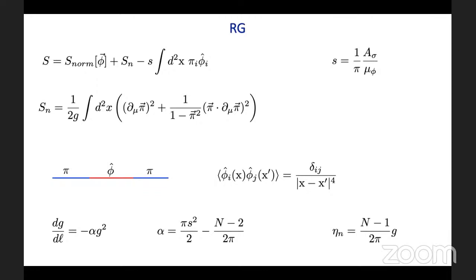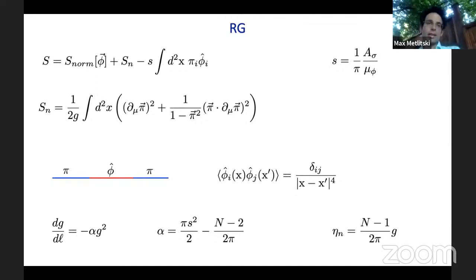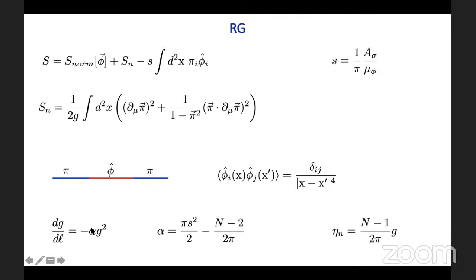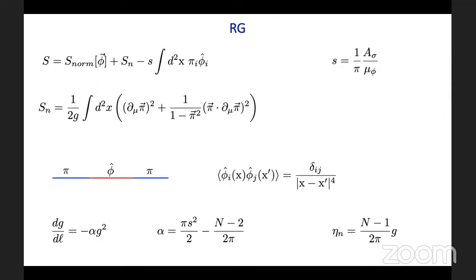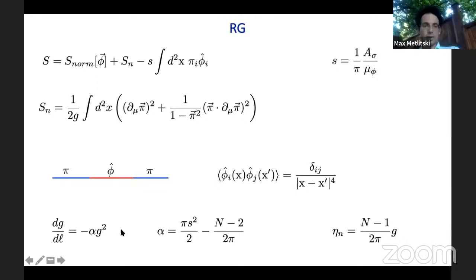That's the only difference. One is a correlation length, another is a crossover scale. So in principle, you could trade G for some crossover scale. It's no difference really. But this alpha G squared is the beta function. This is what we want to ultimately compute.